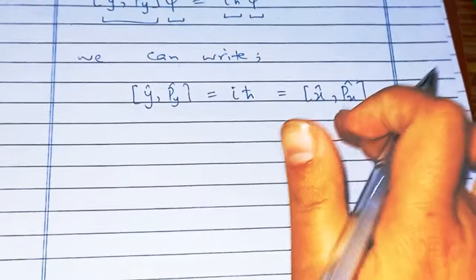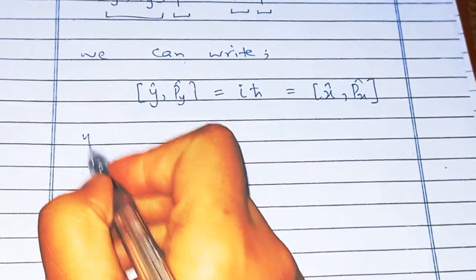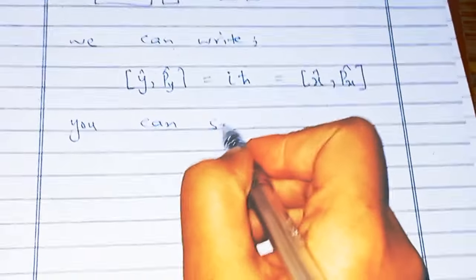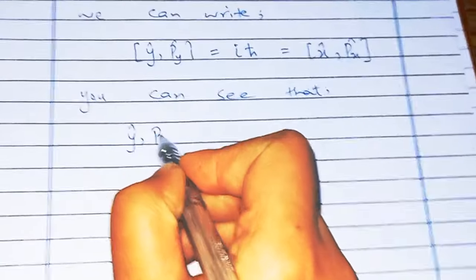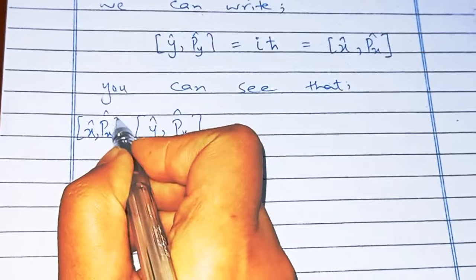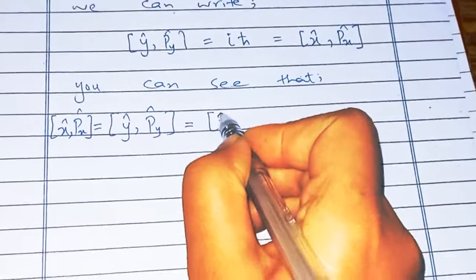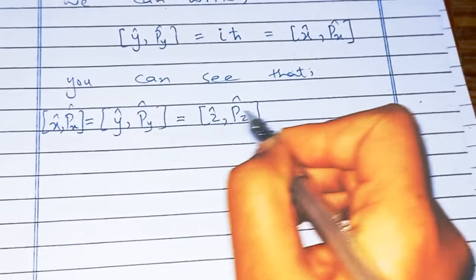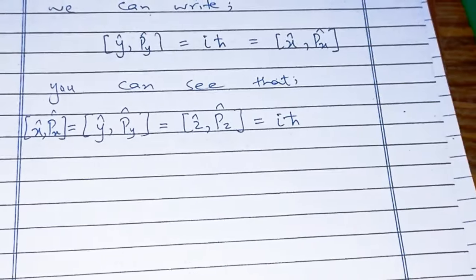All right, this was also equals to iota h cut, and you can confirm that the y operator, py operator commutator, the position operator and momentum operator, and also for the z case, they are all equals to iota h cut.